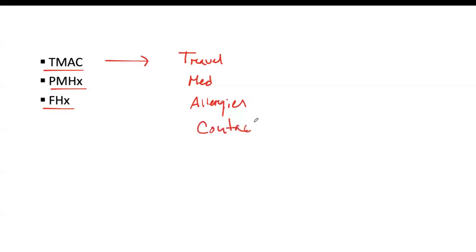So that's your BINDS. After BINDS, we finish with TMAC, past medical history and family history. So what is TMAC? TMAC is a mnemonic for travel history, medication history, allergies, and contact. For any infection, travel and contact history is very important.